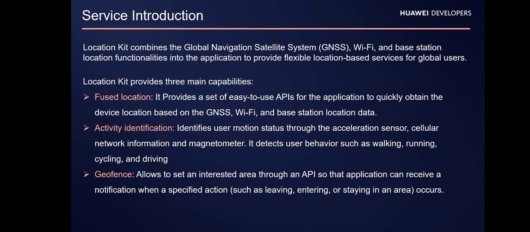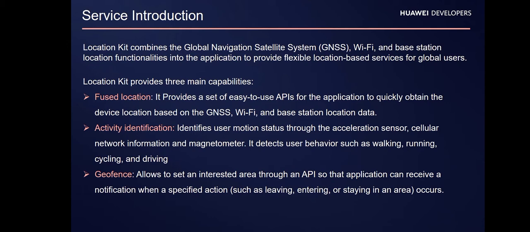Service Introduction. Location Kit combines GNSS, that is Global Navigation Satellite System, Wi-Fi, and base station location functionalities into the application to provide flexible location-based services.